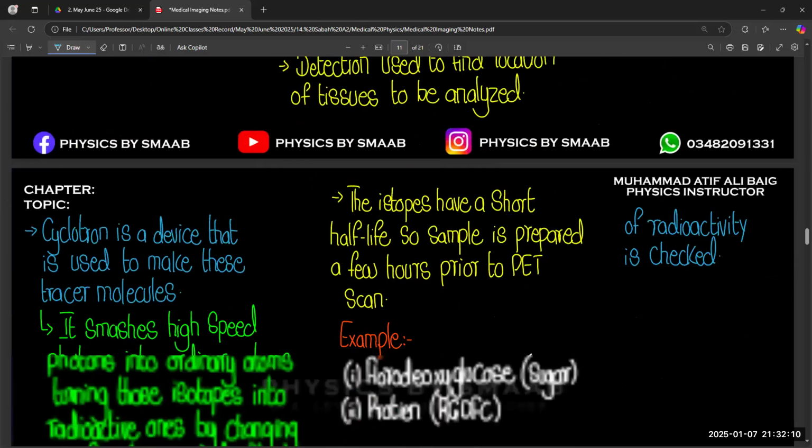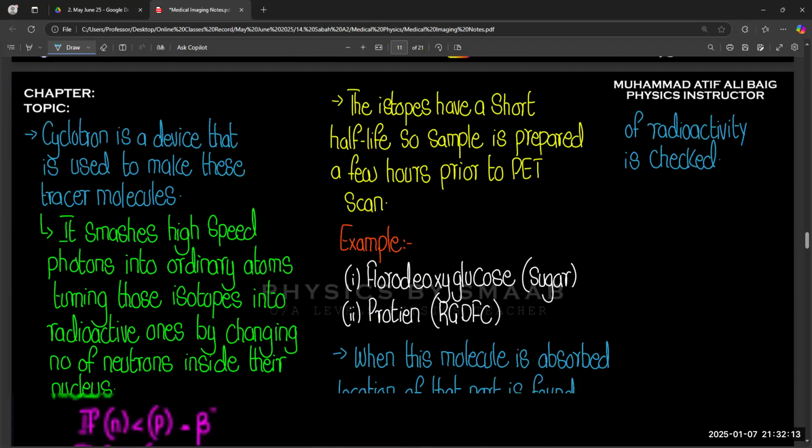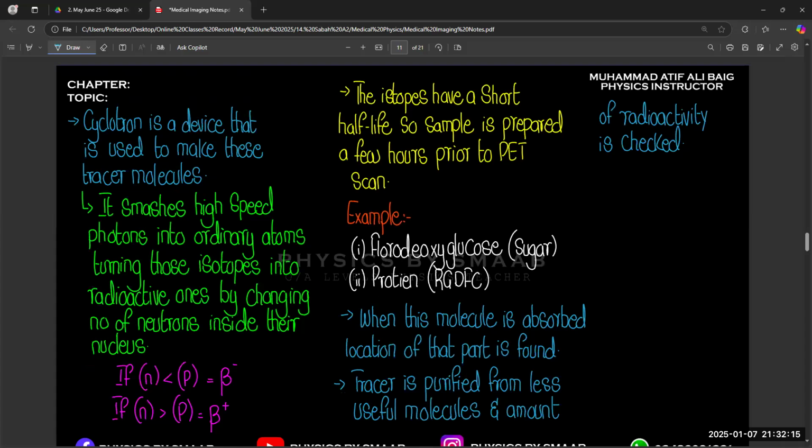This is the whole information on how this tracer can be prepared for the scanning process. So the cyclotron is a device that is actually making these tracer molecules, and this is the general process going on in the cyclotron, right? Okay, right.